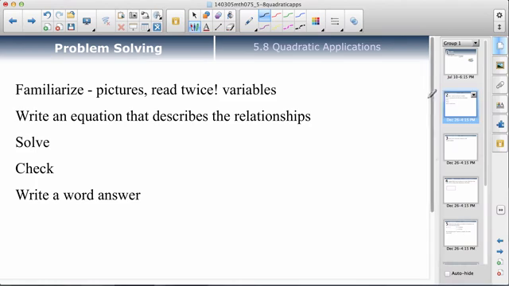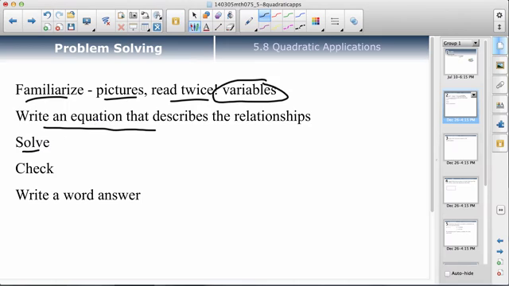In terms of solving any kind of word problem, we'll always use a similar strategy where you familiarize yourself with the question by drawing pictures or rereading, assigning variables to different parts, and then come up with an equation, whether it's an area equation or whatever, and then solve that equation, check to see if your answer is right, and then write some kind of a statement to answer the question.